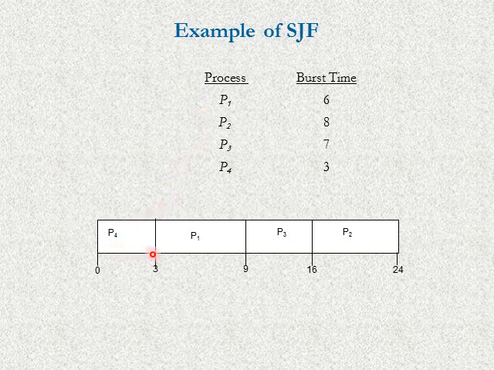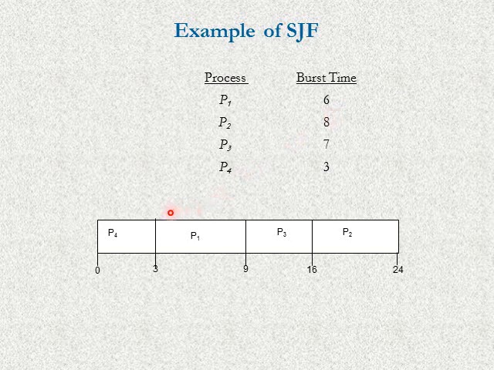Once P4 completes its execution, as this is a non-preemptive algorithm, it will only come out once it completes its execution. Then out of P1, P2 and P3, we know that P1 has the least burst time requirement.